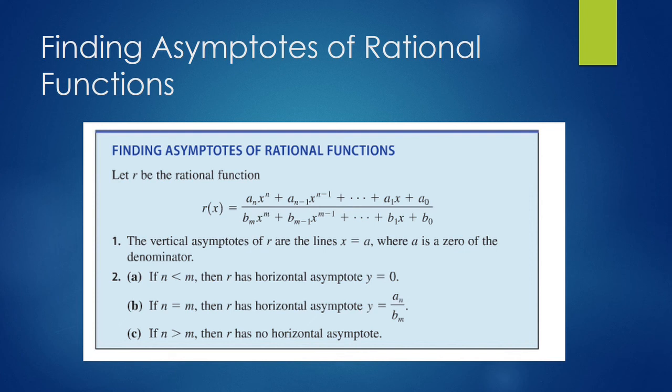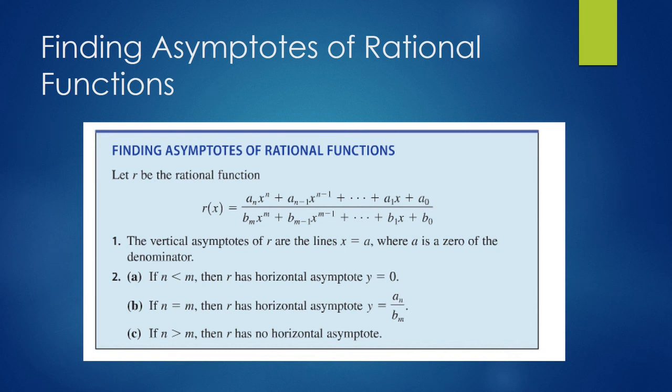If n is less than m, right, so you're looking at the highest power in each polynomial. If your numerator polynomial degree is less than your denominator polynomial degree, that means that there's a horizontal asymptote of y equals 0.